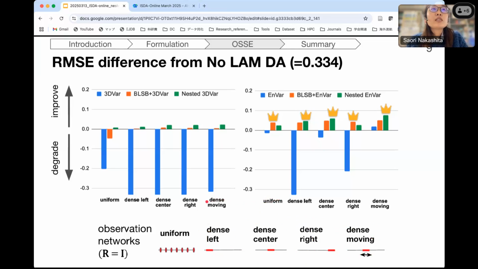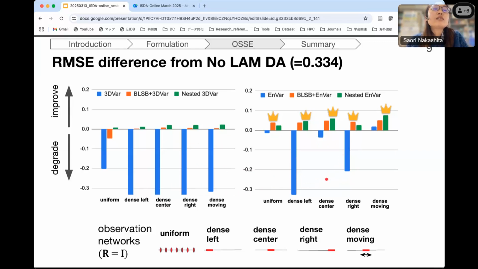The RMSE values are shown as the difference from NoLAM-DA, and positive and negative values indicate improvement or degradation from NoLAM-DA, respectively. Left part shows the 3DVar experiments, and right part shows EnVar experiments. In most cases, the conventional DA without LSB, shown in blue bars, significantly degrades the analysis quality compared to the NoLAM-DA, especially for the dense and unevenly distributed observations, despite the increase of observational information content compared to the global DA.